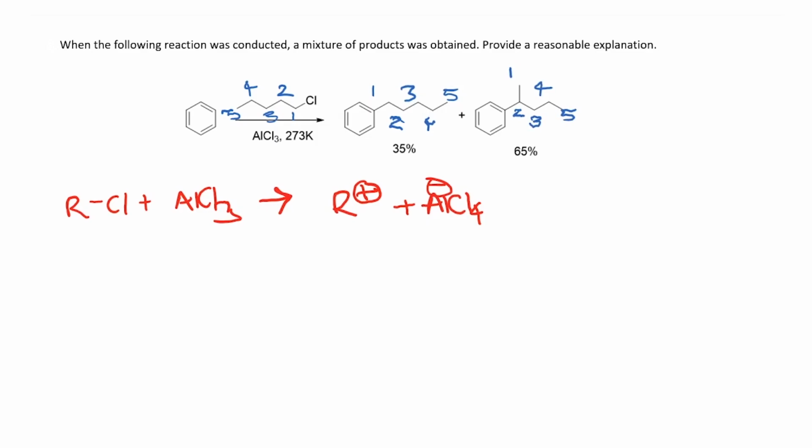So now that we established this numbering, it becomes quite straightforward for us to address this question. So RCl here is basically 2, 3, 4. So we start with Cl. So 1, 2, 3, 4, and carbon number 5. Okay, so now once you go through the coordination with aluminum chloride and the formation of the carbocation, you would end up with a carbocation which is a primary carbocation.